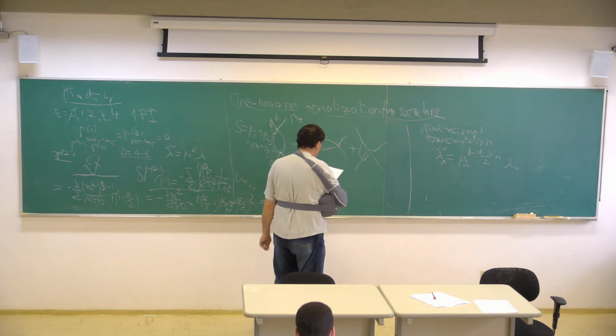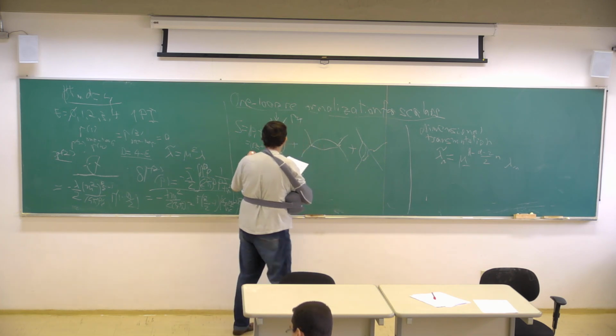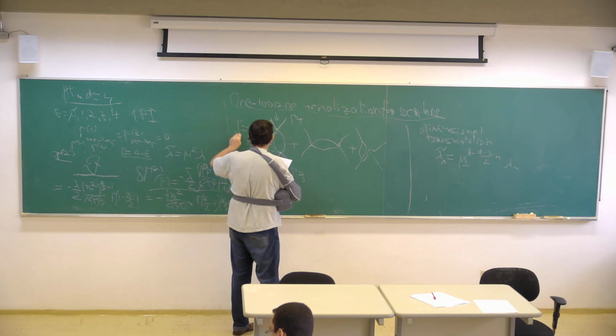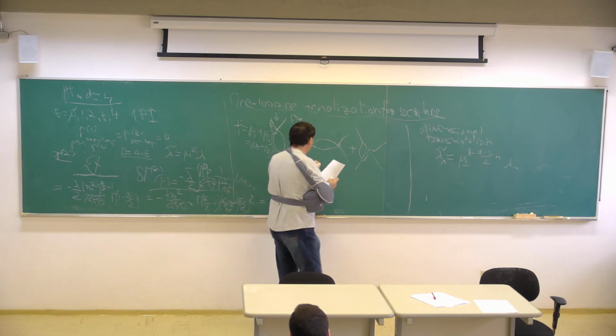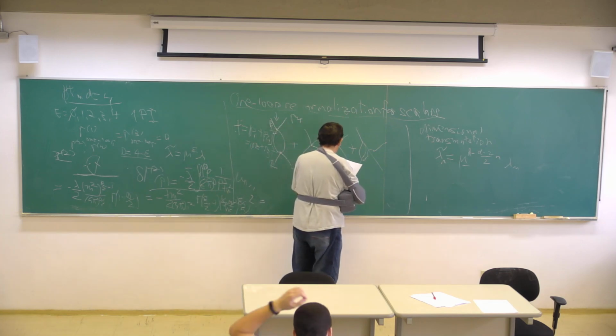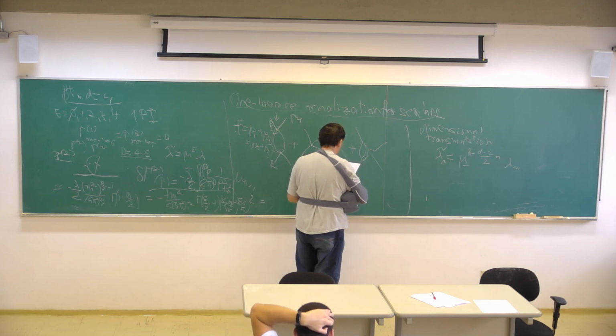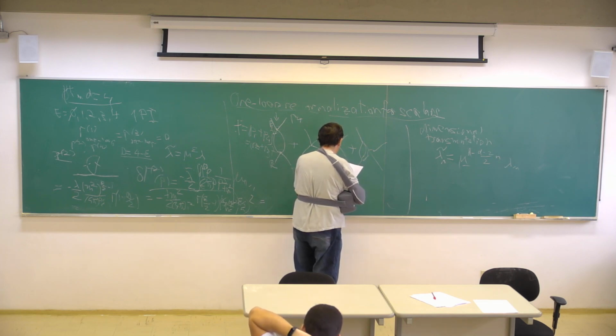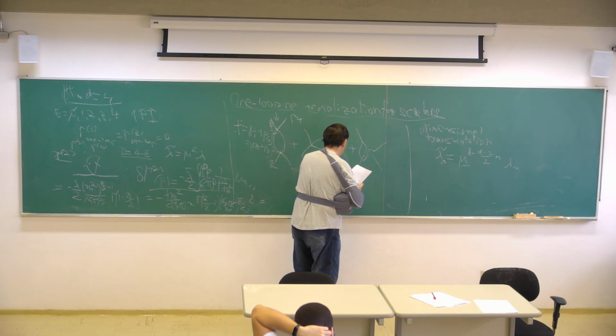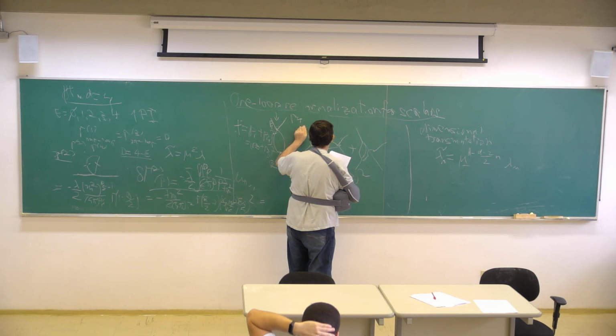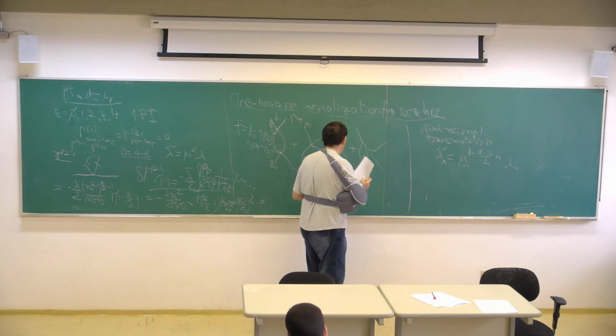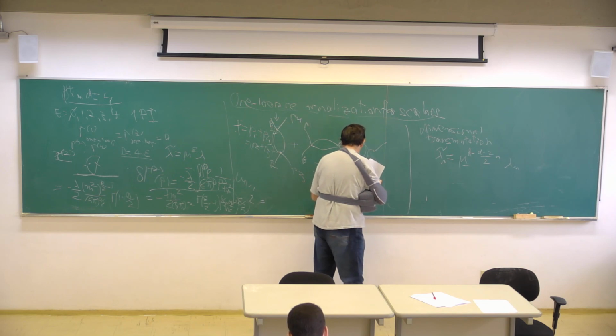Oh, sorry, what am I saying? No, I mean that this is T. Sorry. Then S is P1 plus P2, which is also P3 plus P4 squared.